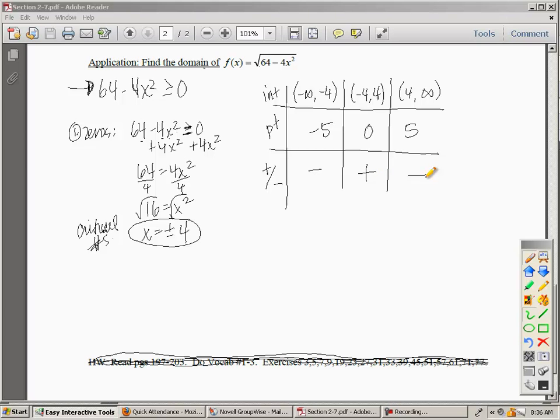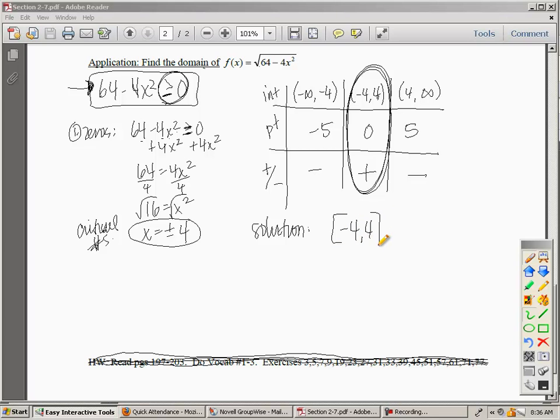So I go up to my original equation, and I'm looking at this equation here. I want the positives and 0. So I want this middle interval. Because it can be equal to 0, my solution then is going to have the brackets. So my solution is from negative 4 to 4, including those values.